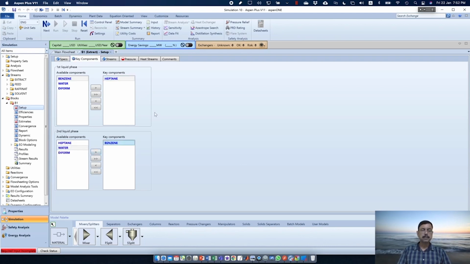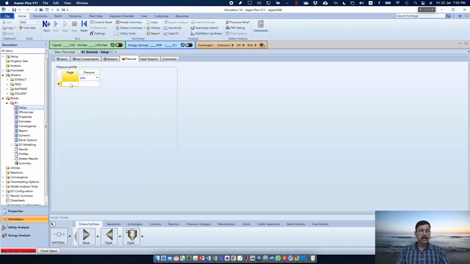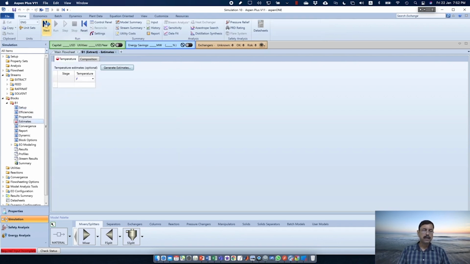Press next. The pressure in the first stage is 20 psi. Let us now run the simulation. Okay. You have to estimate the temperature also, stage 1 and 20 degrees centigrade. Now we can run. Yes.